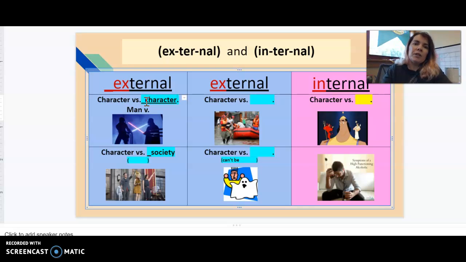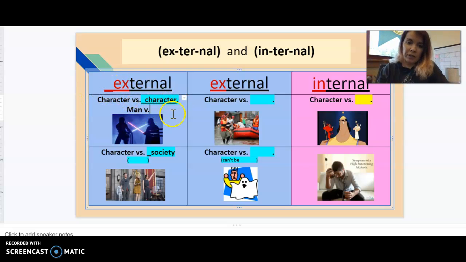So anytime that you read a story or watch a movie where it's a hero versus a villain, or a good guy versus a bad guy, a law enforcement versus a criminal, that is going to be most likely character versus character. Multiple conflicts can happen at once, just like in real life. I can have the internal conflict of feeling anxiety and an external conflict of dealing with a bully. So this one is the easiest to find in stories.